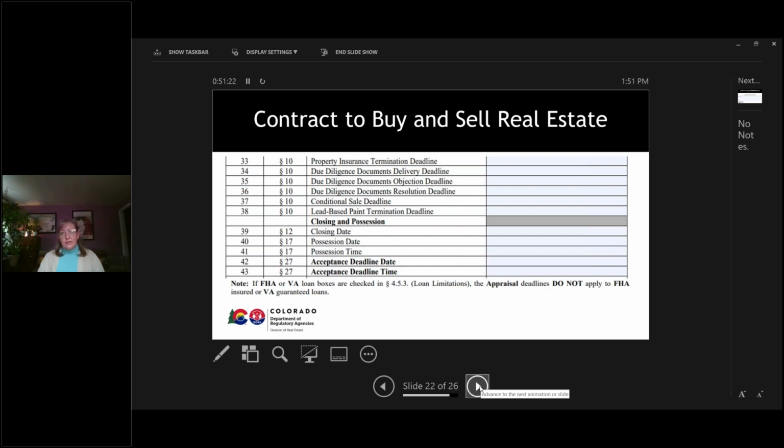With earnest money disputes, and we get a lot of complaints about earnest money disputes, for the most part, the Real Estate Commission has no jurisdiction over an earnest money dispute. So if I was a buyer and I did not adhere to the deadlines, and then the seller decides, well, I think you defaulted on the contract and I'm going to keep your earnest money and this isn't closing, you can't file a complaint with us because the seller won't release your earnest money. That's not how it works.